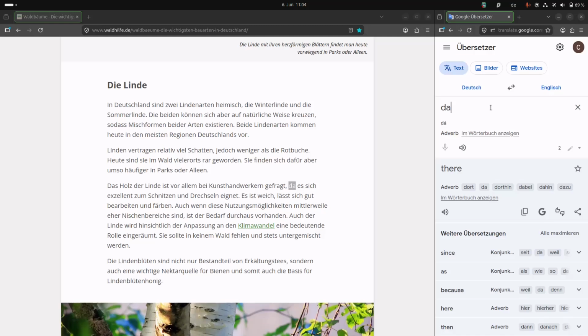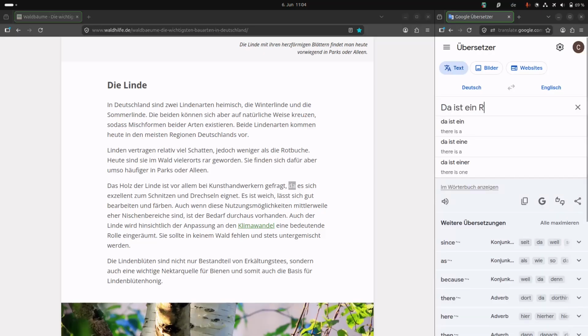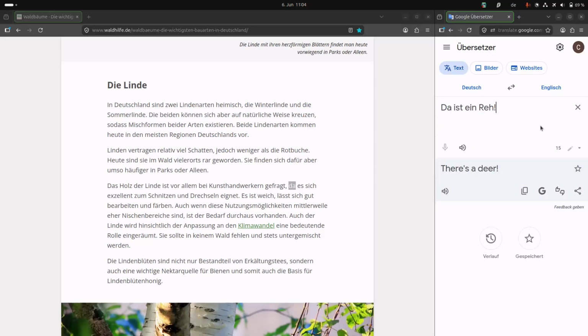But in this case, da is not related to the locative, but rather translates to because. For example, if I say da ist ein Reh, then I say there is a deer.